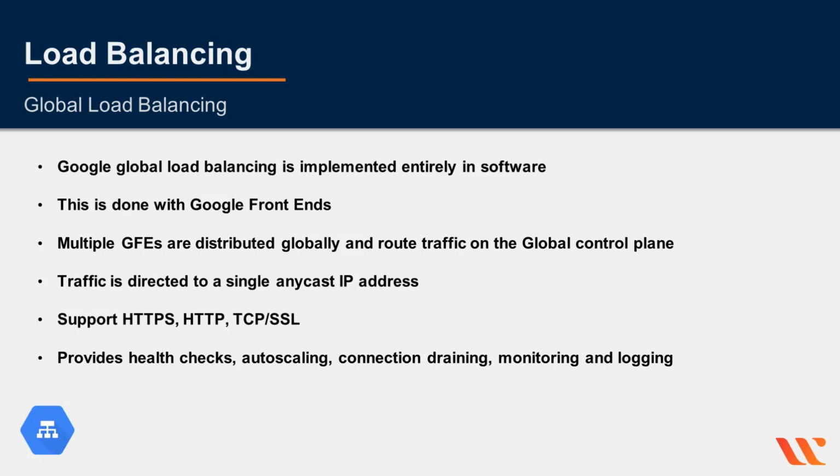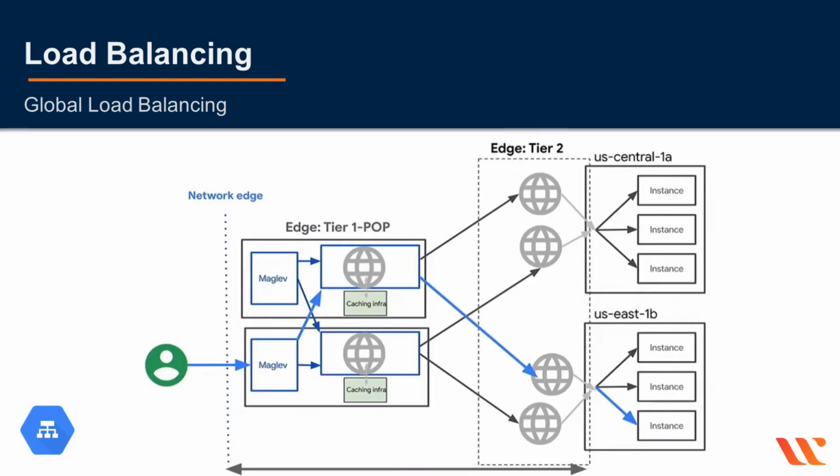Global load balancing supports HTTP, HTTPS, TCP, and SSL. Additionally, the service provides health checks, auto-scaling, connection draining, monitoring, and logging. So this is what a GFE looks like. You can notice that there are two tiers of network edges, and the data from the active-active Maglevs is cached and synchronized across the global control plane.